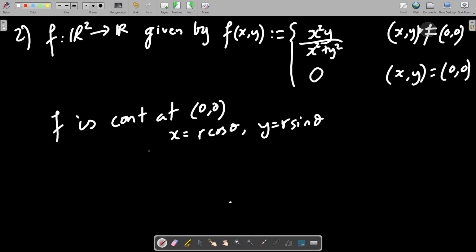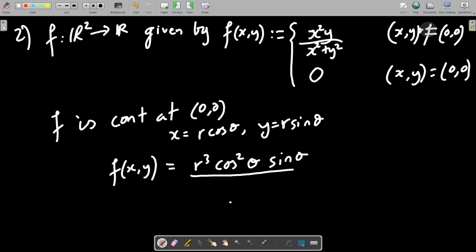So this leaves you with r cube cos square theta sin theta, and the denominator will become r square cos square theta plus r square sin square theta.